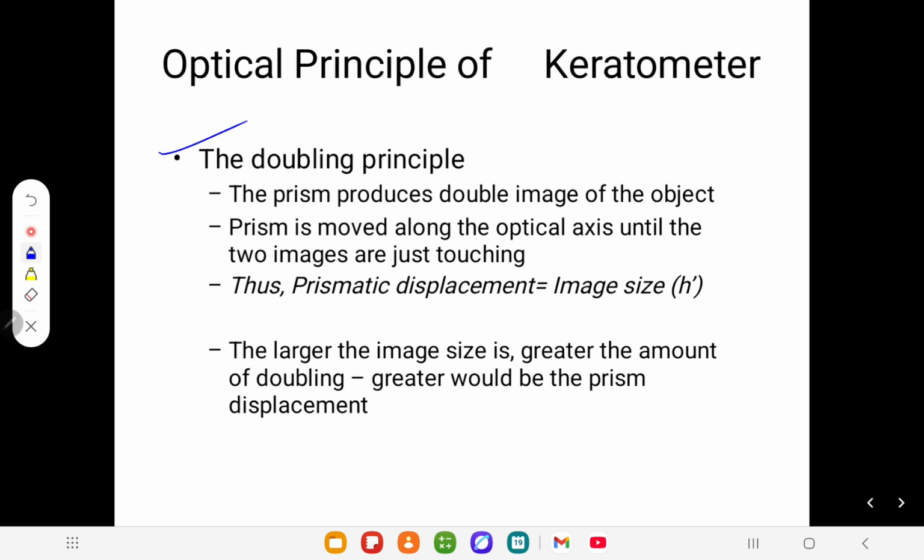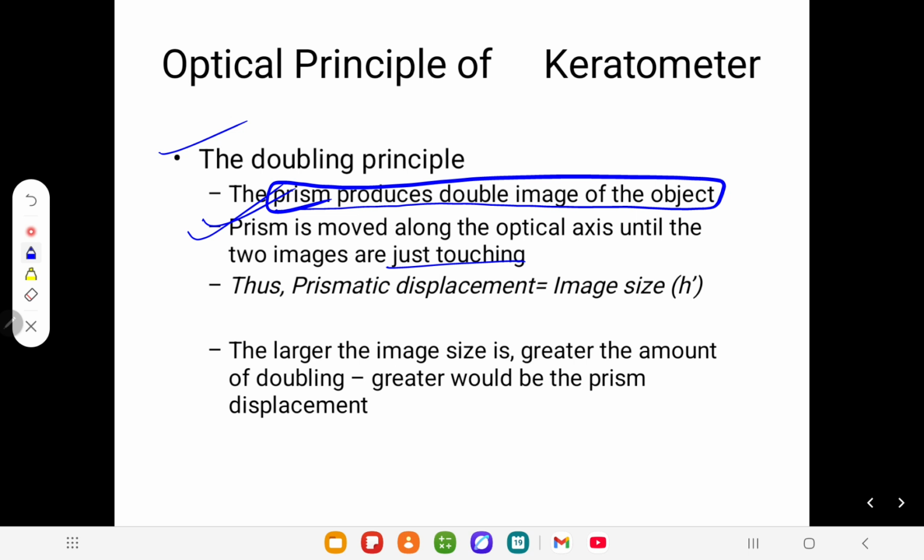Okay, so the doubling principle is to use a prism to double the image of an object. Basically, that's the simple thing. Why do we do that? Because the prism is moved along the optical axis until the two images just touch. Just remember that the two images just touch. First the prism makes two images, then we move that prism along the optical axis so that the two images just touch.